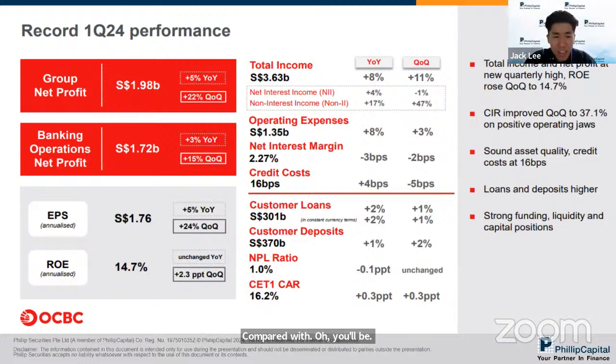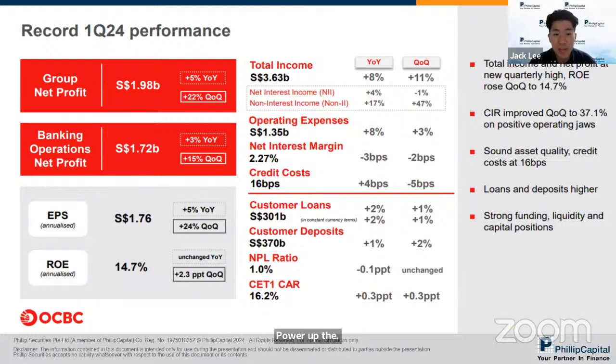This is one of the things I like a lot because, as I said, net interest income will go down in the future. So in the coming years, the banks will really rely on their non-interest income to power up against the decline in net interest income.